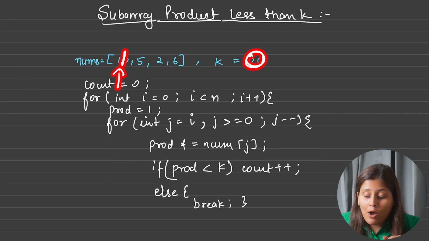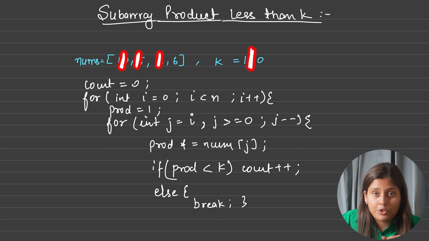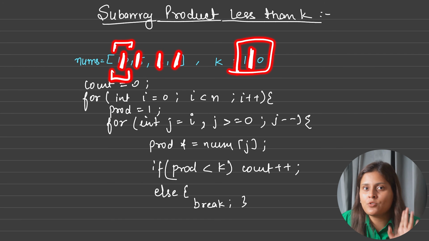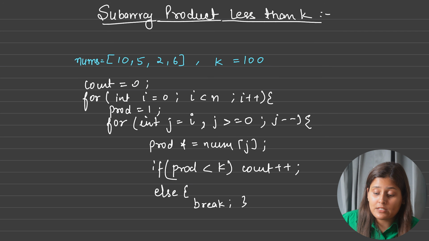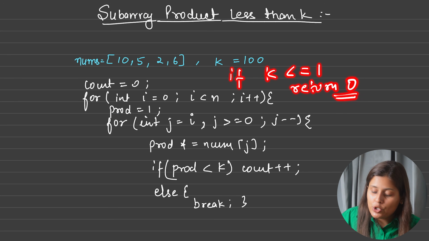No. Now let's think k value is 1. Even if it is 1, 1, 1, 1, you can think yes there is a subarray, but the product value will be minimum 1 and we want less than k. Hence it is not possible. So the very first base case will be: if k is less than or equal to 1, the number of subarrays will be 0. Correct? So we can add this.